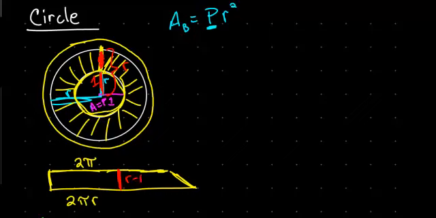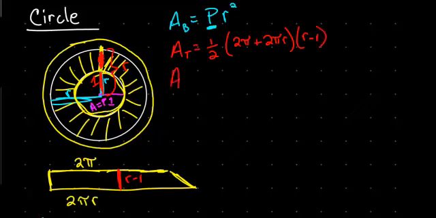And so we're going to get that the area of that trapezoid, I'm going to call that A_T, equals 1/2 times 2 pi plus 2 pi r times r minus 1. Okay, and doing a little algebra here, factoring out the 2 pi.